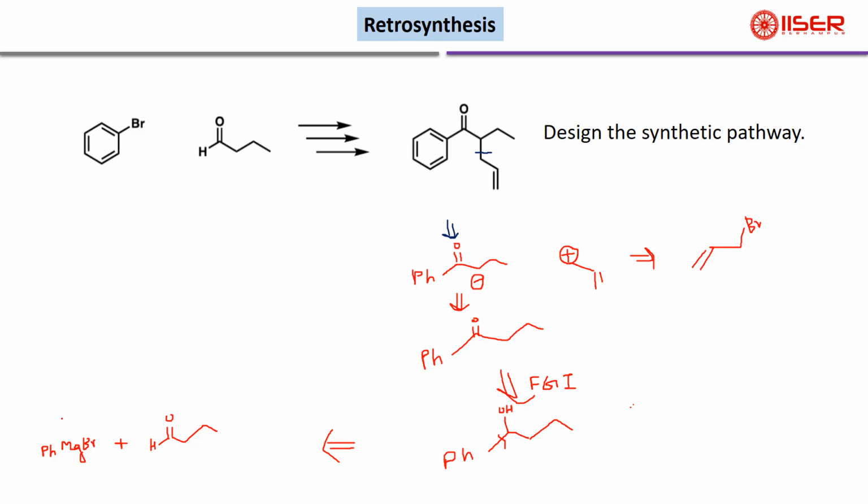Phenyl magnesium bromide can be prepared from PhBr and magnesium.